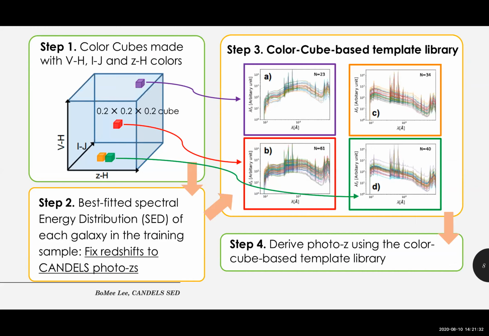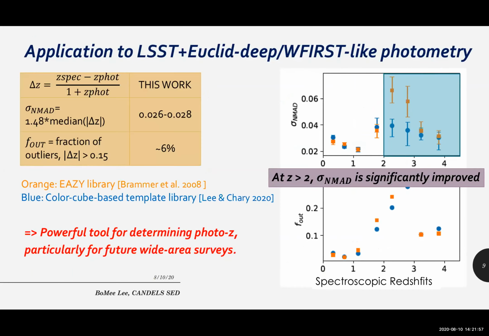I know you're using the CANDELS information. Yes, I didn't explain in detail about that. So here, I actually use the FSPS template to find the best fit spectral energy distribution of each galaxy in the training sample. Yes. Thank you. Thank you.